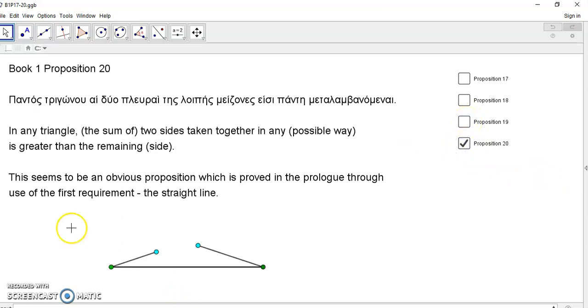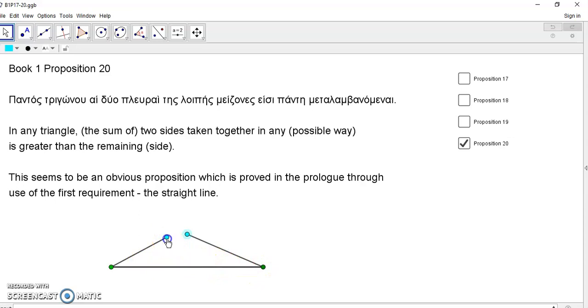And proposition 20, which is the final one, says that in any triangle the sum of any two sides taken together in any possible way is greater than the remaining side. So let's say that we take the sum of any of these two sides. This should be pretty obvious by requirement 1, isn't it? Because requirement 1 tells us that the shortest distance between any two points is a given straight line.